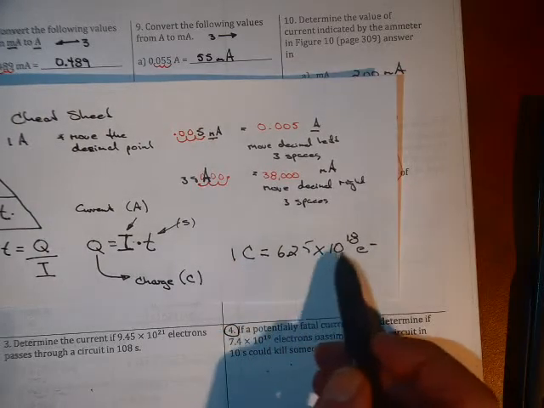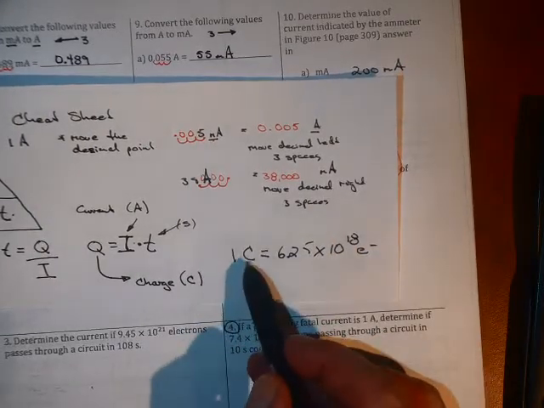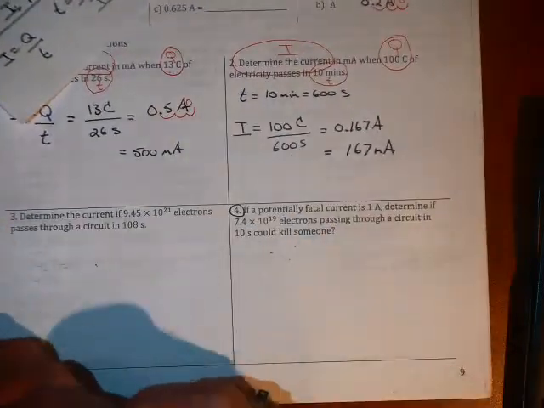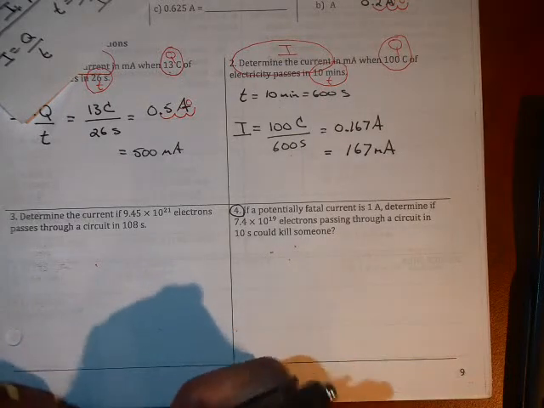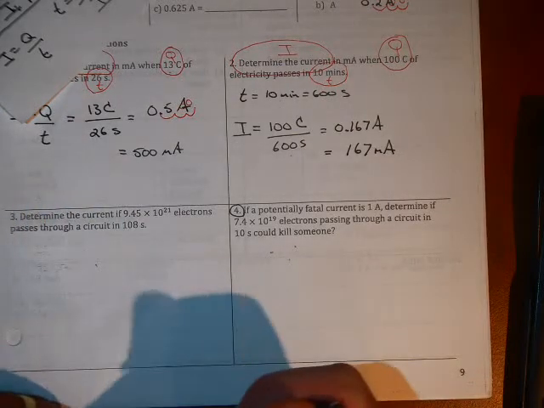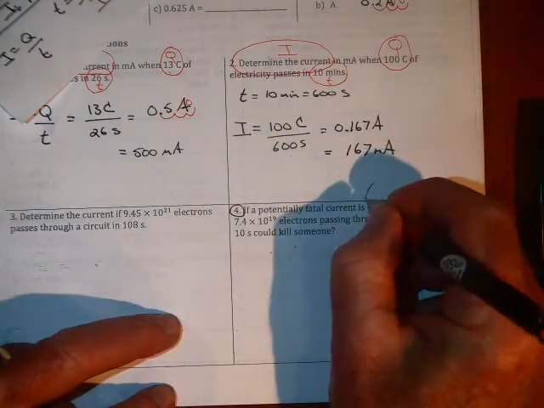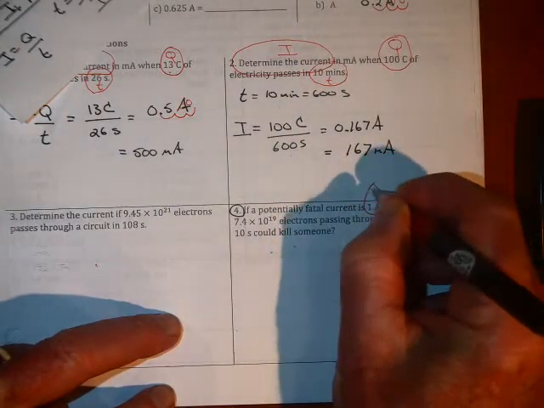Now this piece of information that we just put in our card is going to become important in both of these, both 4 and 3. So let's see how we attack this. If the potential fatal current is 1 amp, that's current.